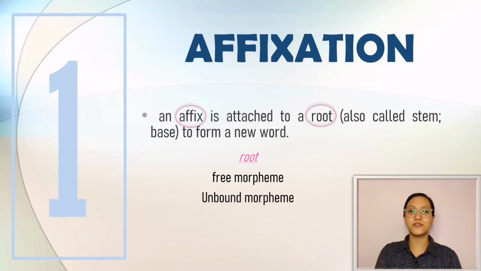A root is a free morpheme, also called unbound morpheme, that can appear or stand alone. On the other hand, affix is a bound morpheme which never occurs by itself, so it is always attached to some free morpheme and can either be inflectional or derivational. So there are two major parts in affixation, the root and affix.